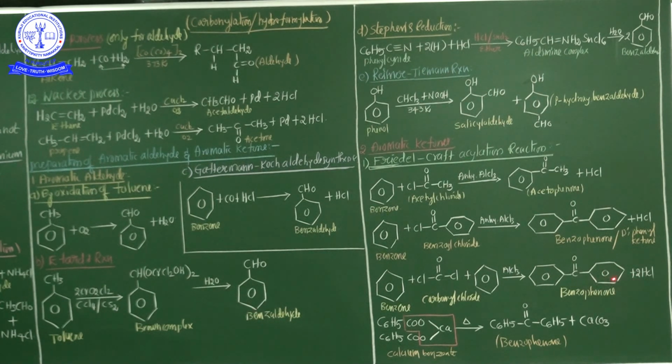Additionally 2HCl is obtained. Now one more important, by dry distillation of calcium salt of aromatic acid, easily we can prepare the aromatic ketone. See now, calcium benzoate. In the calcium benzoate, under heating, easily prepare benzophenone. It's nothing but aromatic ketones, additionally CaCO3.